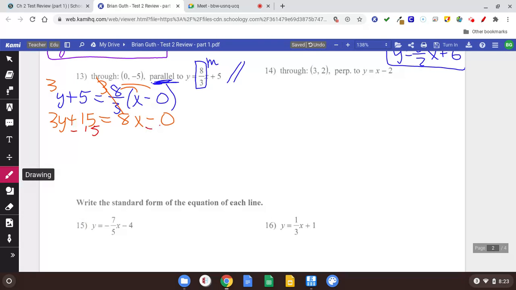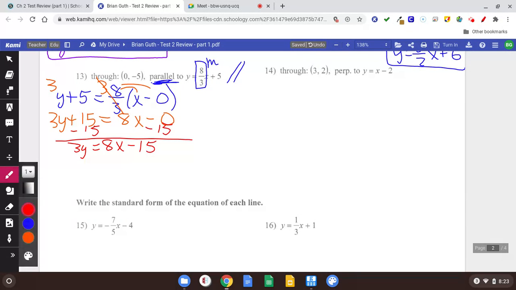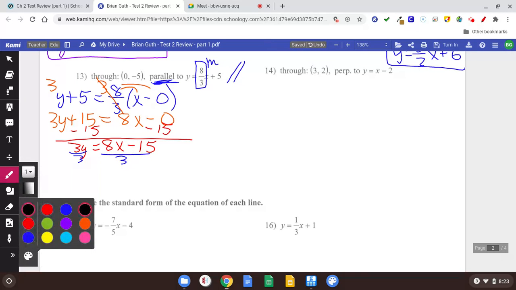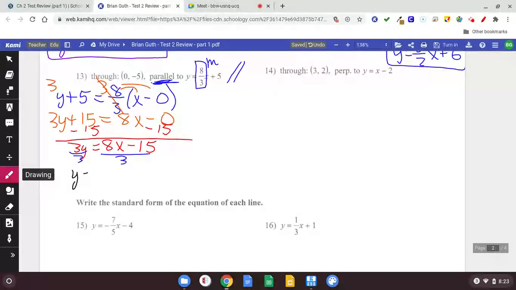So we subtract 15. 3y equals 8x minus 15. And then we would divide by this 3. Y by itself equals, we're dividing here, we get a fraction, 8/3 x, and we divide here, negative 15 over 3 is minus 5.